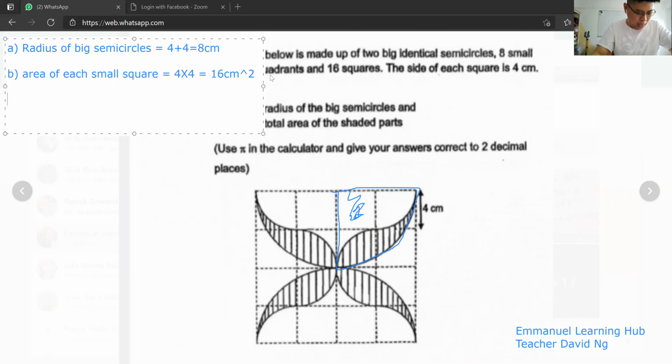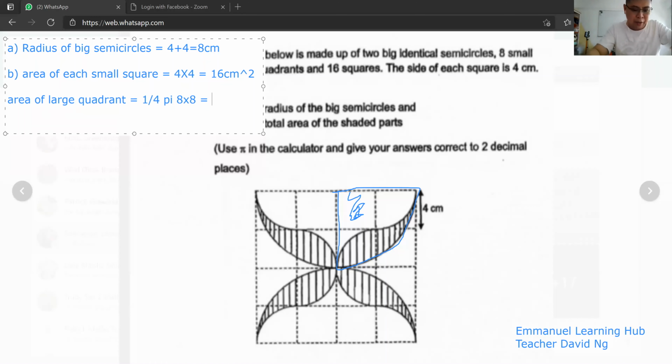Area of each small square, then I have the area of the large quadrant, equal to 1/4 pi 8 square. 8 square is 8 times 8.